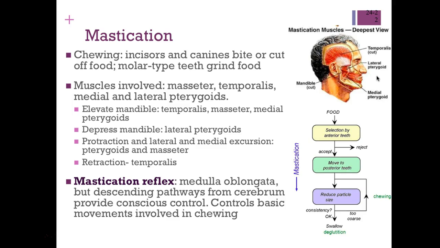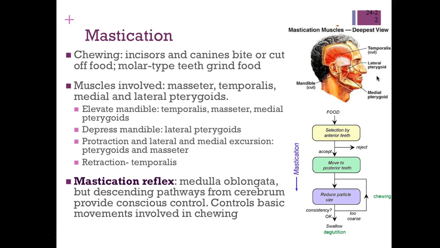So the medial pterygoid is going to help with elevation of the mandible, whereas the lateral pterygoid is going to help with depression of the mandible. And in order to protract the mandible, meaning you're bringing your chin anteriorly, or lateral or medial excursion, so moving your jaw from side to side, we're going to use your pterygoids as well as your masseter muscle for that.